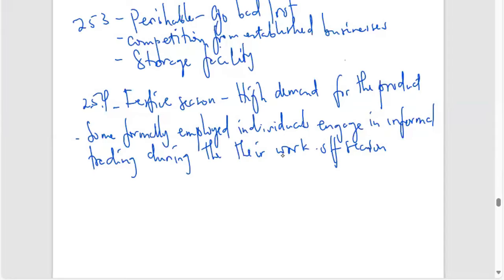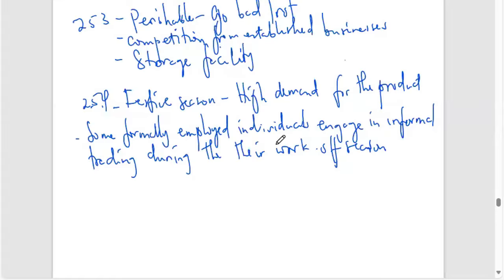We tend to find that there are some people who are employed in the formal sector. They will be going to work throughout the year, but in December, we understand that people will have some form of a break. And some of them will also join the informal sector. That is why the numbers tend to increase in December, because it's some sort of a work off season, and people will have time to also join businesses in the informal sector.